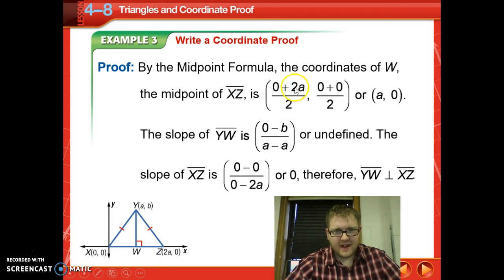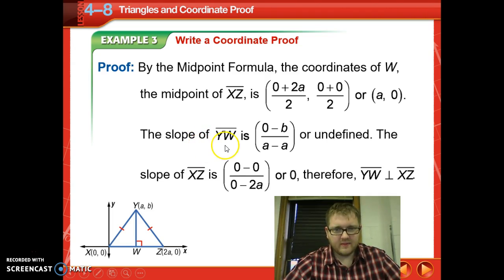That simplifies. I have 2a over 2, which just becomes a. My y coordinates are both 0, so 0 plus 0 over 2 becomes 0. So this point we can know for sure is (a, 0).